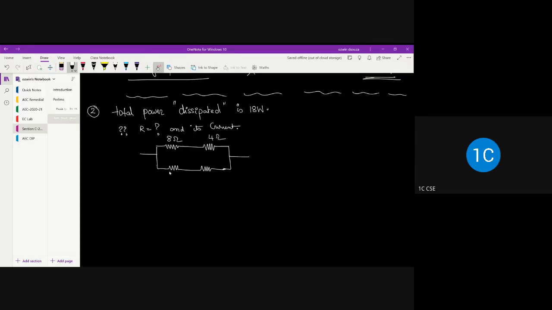The first resistor is the unknown resistor having a resistance of R ohm. The second resistor has a resistance of 16 ohm. And the voltage applied across the circuit is 12 volts.